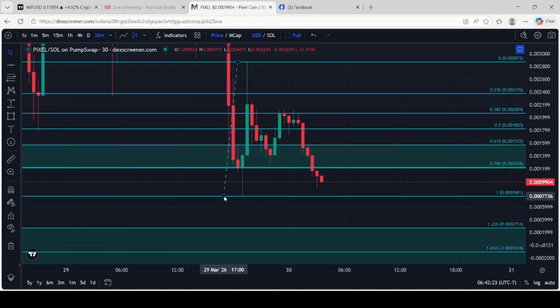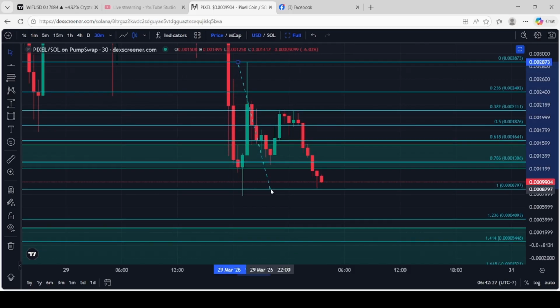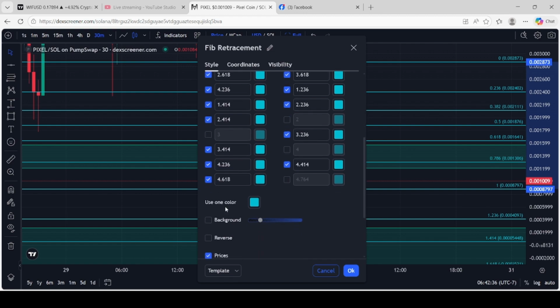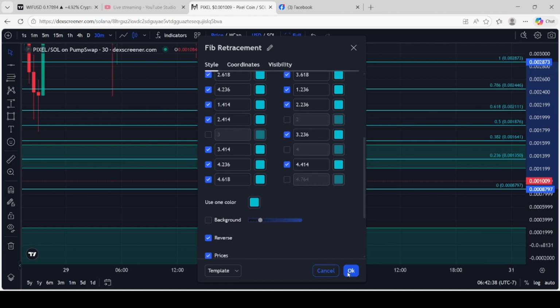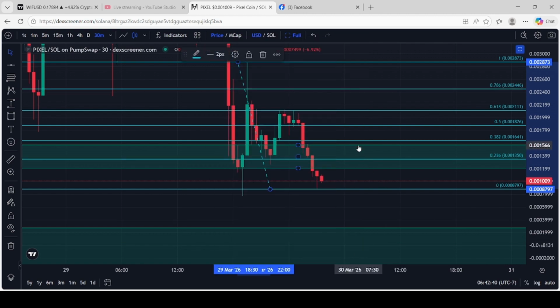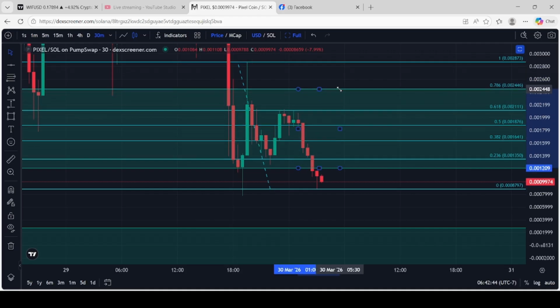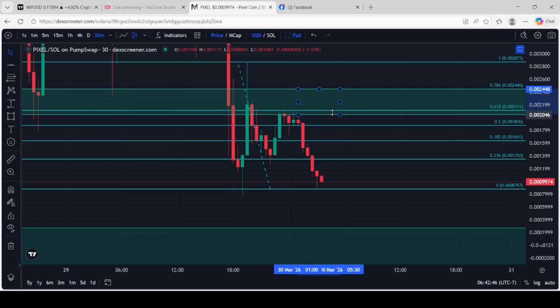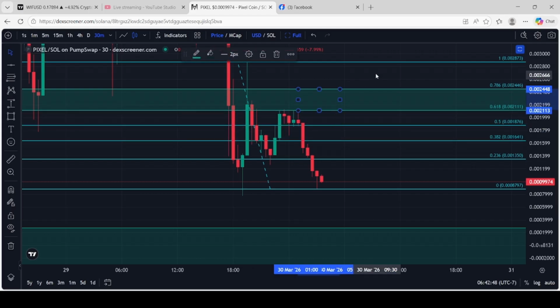But if we find a bottom, say a double bottom right here, I want to start looking for higher areas. So I'm going to reverse the fib. Settings. Reverse. Okay, so higher areas would be right here. First resistance.